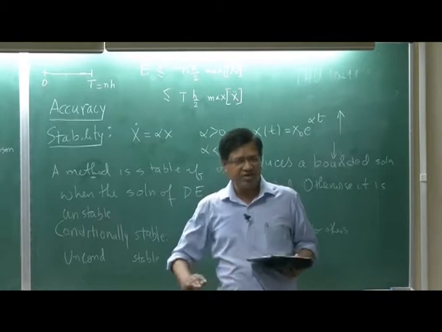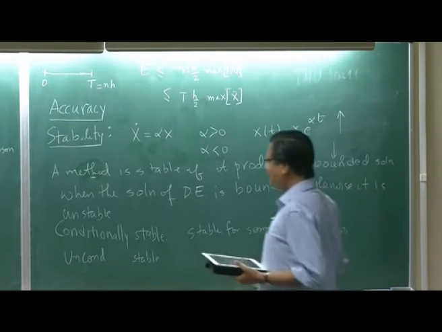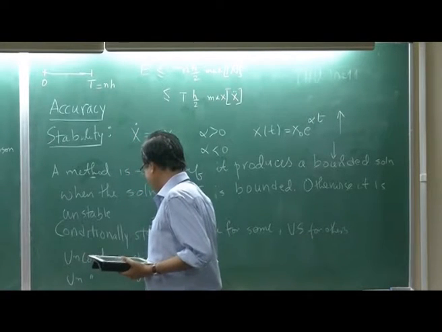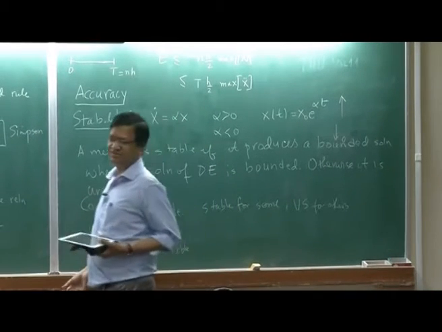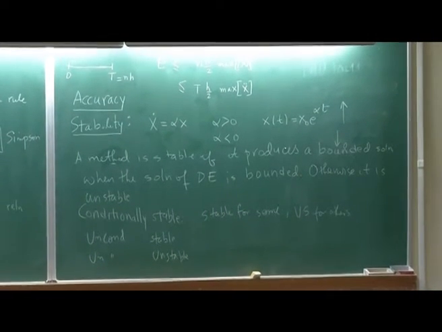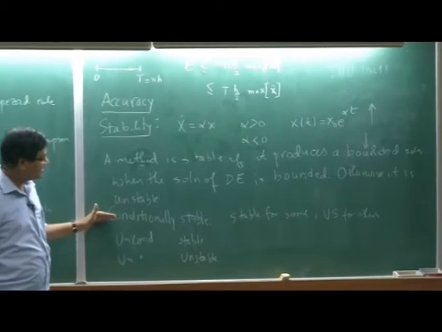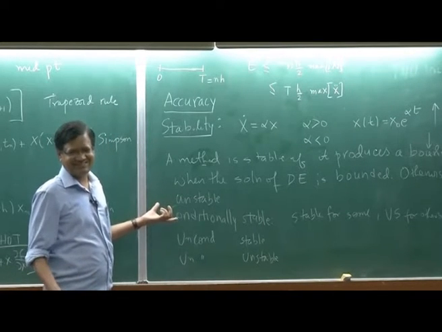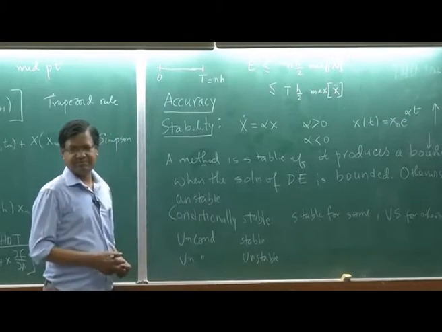And unconditionally unstable, which means unstable for any parameter. So in fact, schemes are one of the three: conditionally stable, unconditionally stable, or unconditionally unstable.